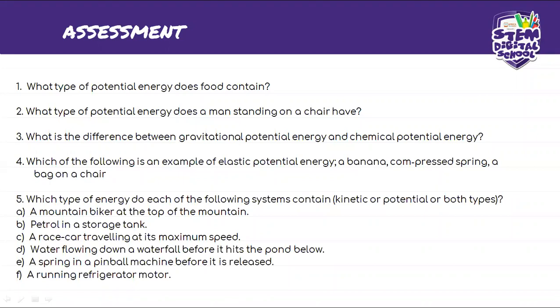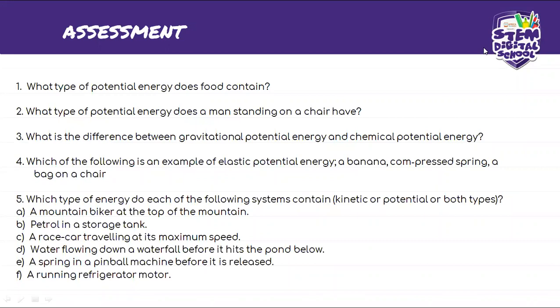All right, guys, let's move to question 4. Question 4 is saying, which of the following is an example of elastic potential energy? A banana, a compressed spring, and a bag on a chair.